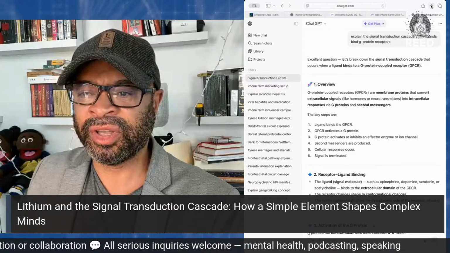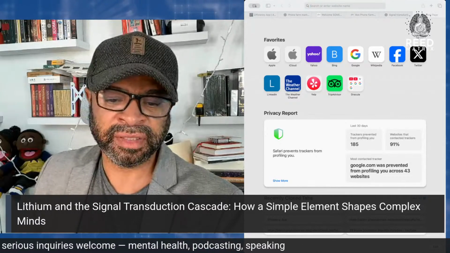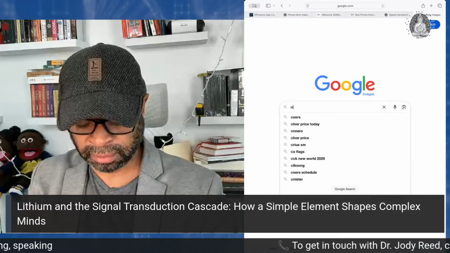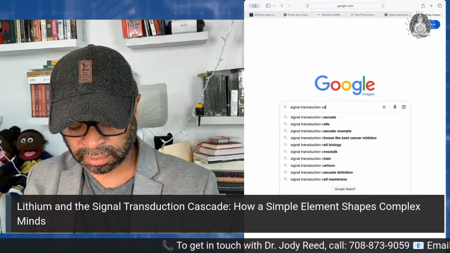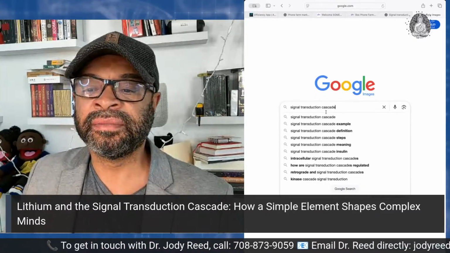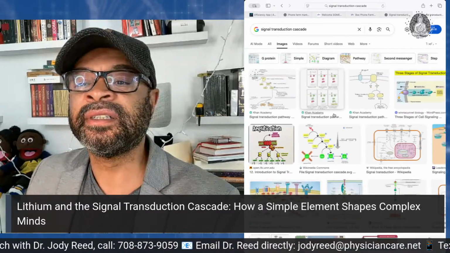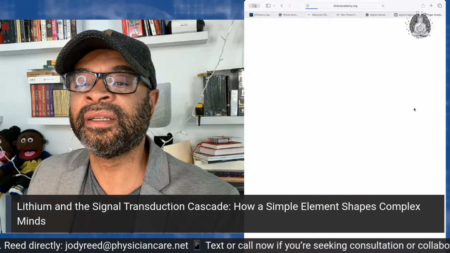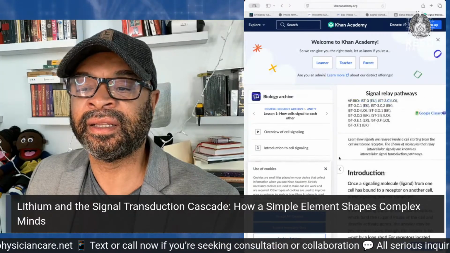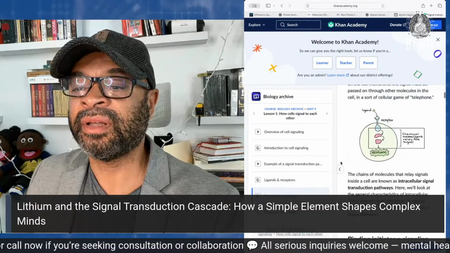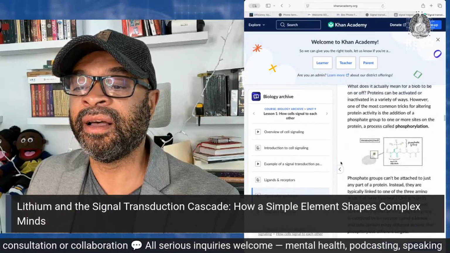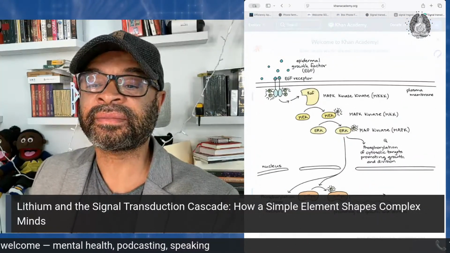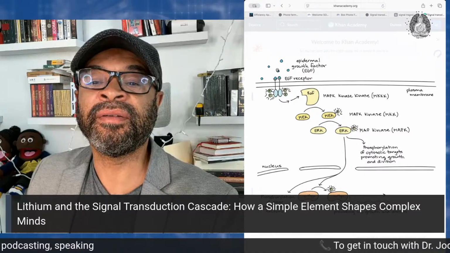Let me just try to pull up an image of the signal transduction cascade so you know what I'm talking about. Okay, here's an example here.